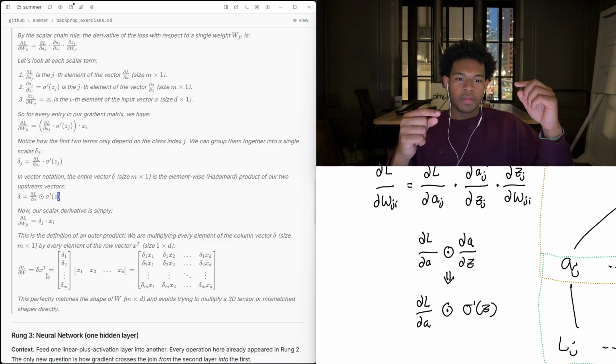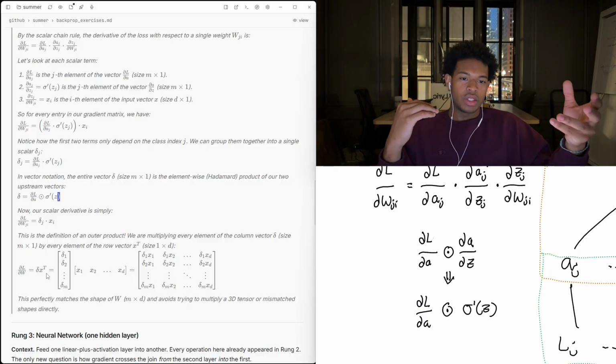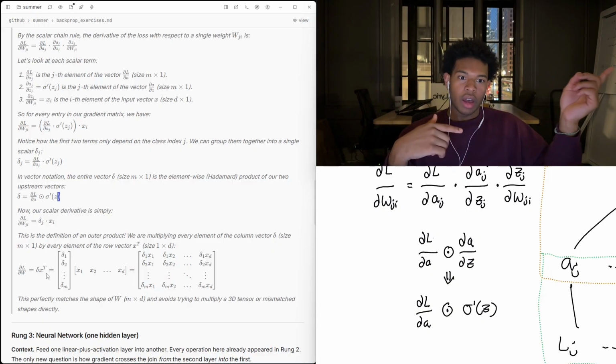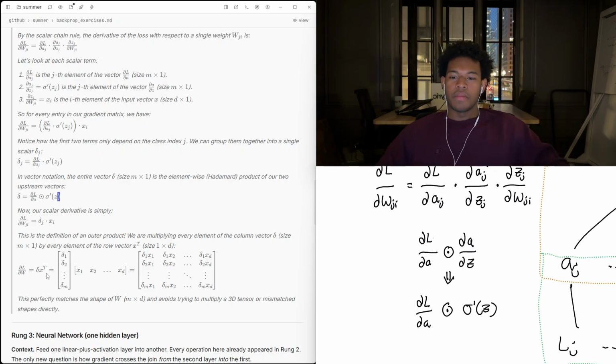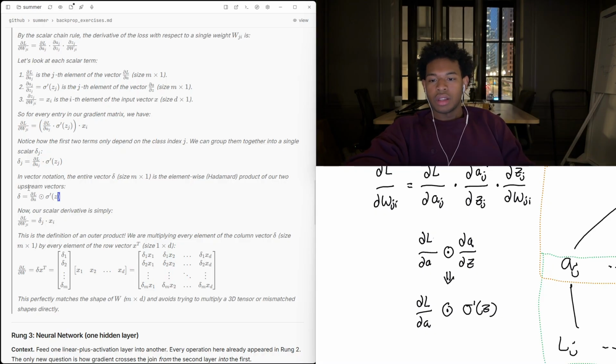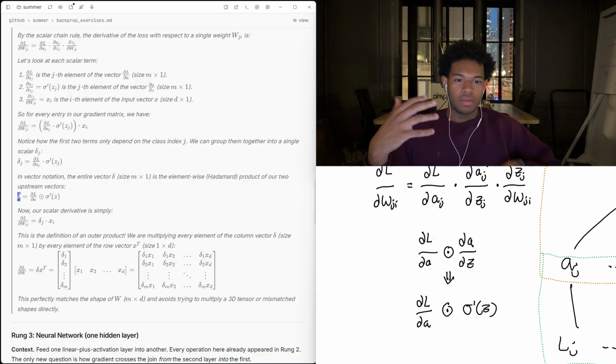You know what I mean? It's like, oh, we have these two, so we should take the outer product in order to make that align. And that grouping, to produce this delta, is almost like a convenience thing.